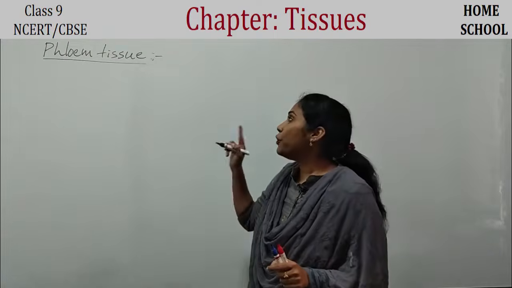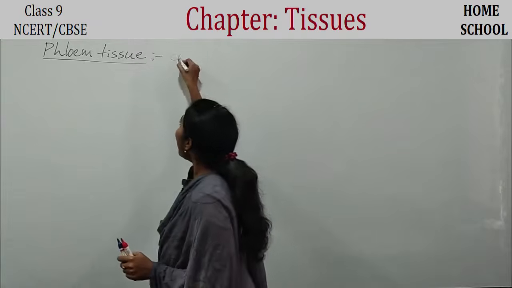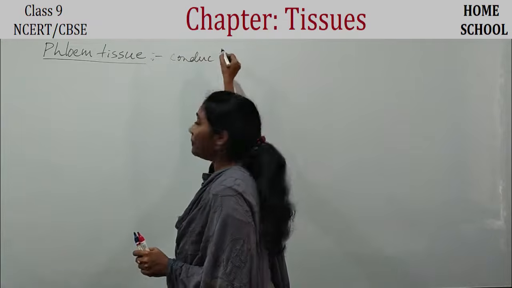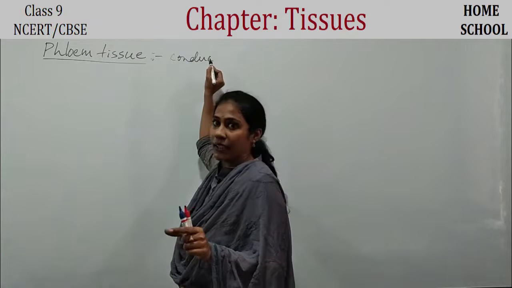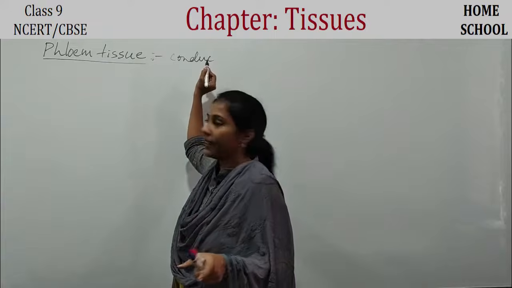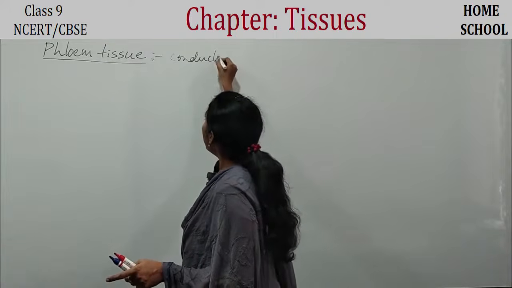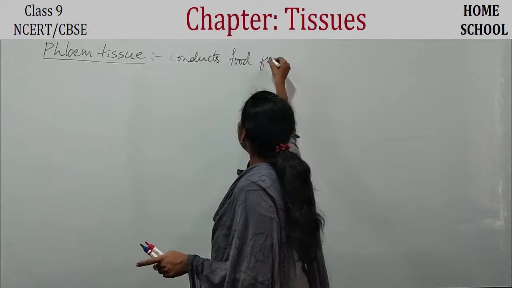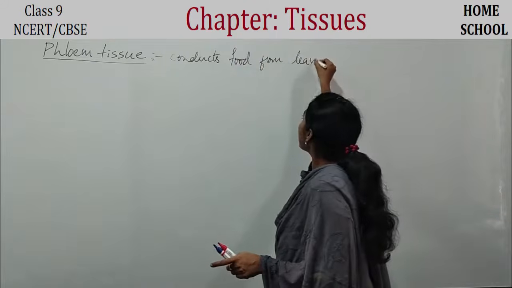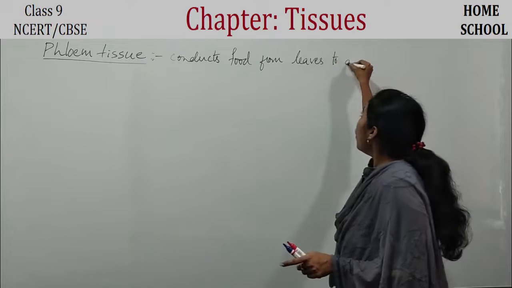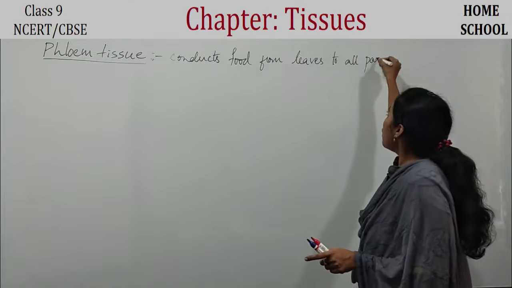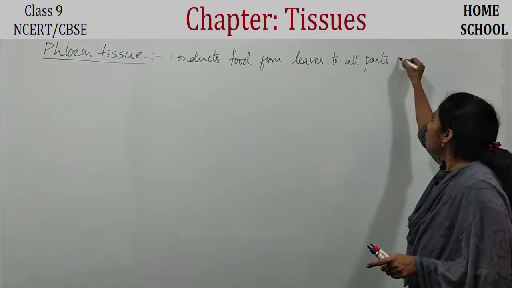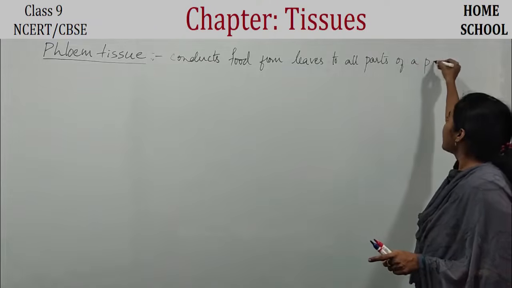Xylem tissue conducts water from one place to another place, isn't it? Similarly, phloem tissue conducts food from leaves to all parts of a plant.